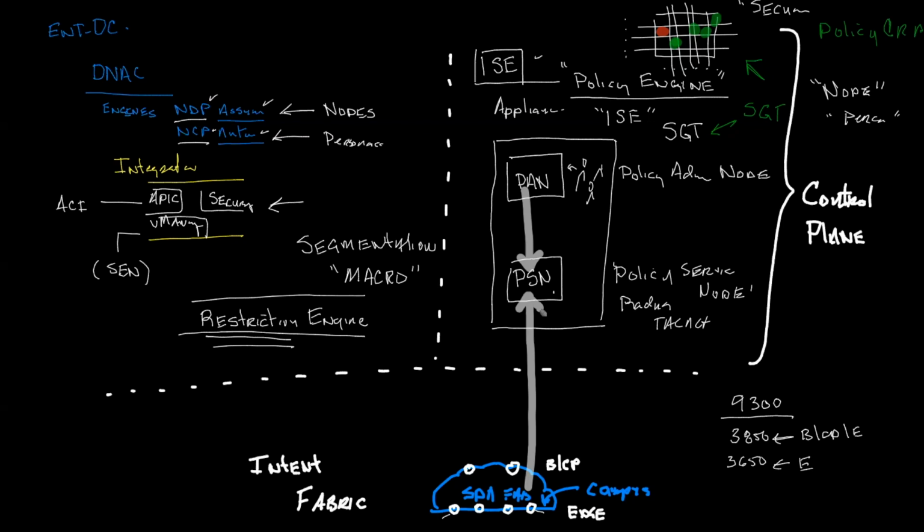There's also another engine that we have to pay attention to here inside of this configuration, and that's going to be the MNT engine. That's the monitoring and troubleshooting engine.